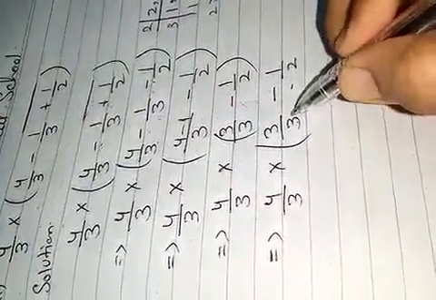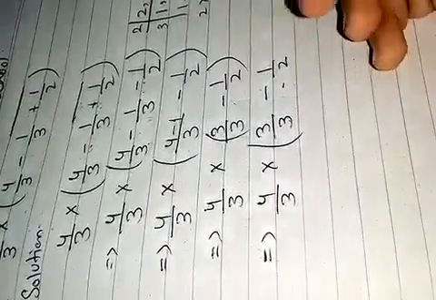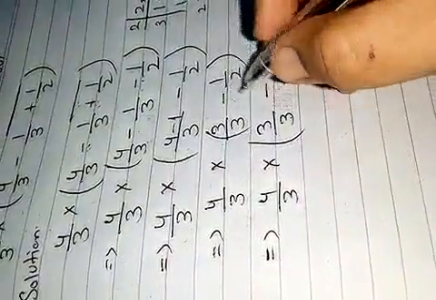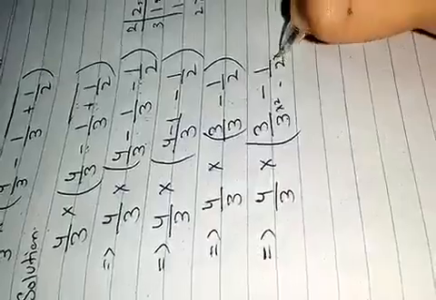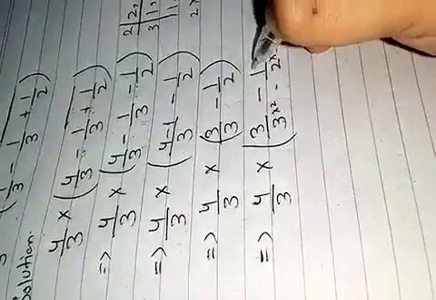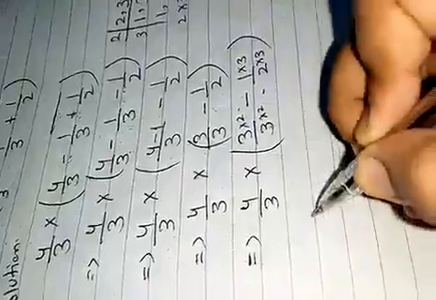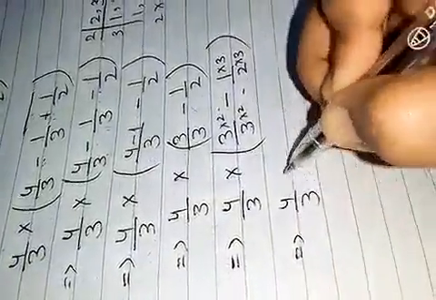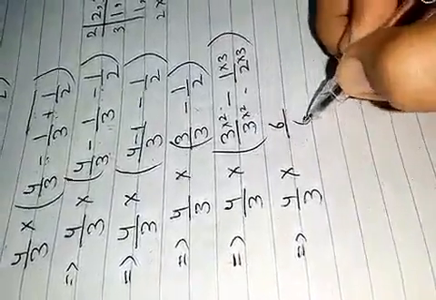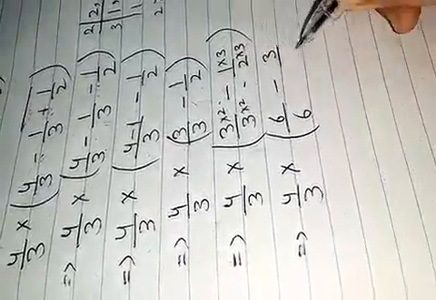We multiply 3 by 2 to get 6, and 2 by 3 to get 6, and we multiply the numerator by the same number. So 3 2s are 6, minus 1 3s are 3 and 2 3s are 6.